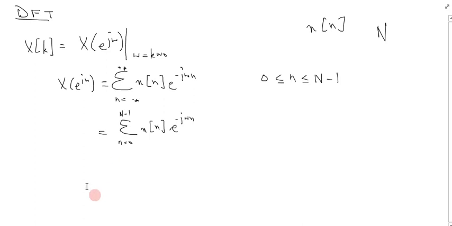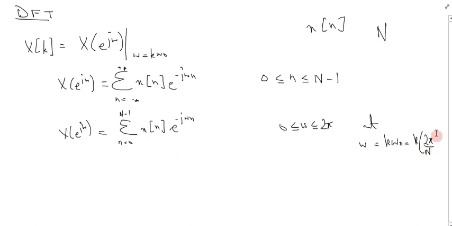Now uniformly sampling X of e raised to power j omega on the omega axis between 0 to 2 pi at omega equal to k omega naught, equal to k 2 pi over N, for k also between 0 to N minus 1, as we have just seen here.